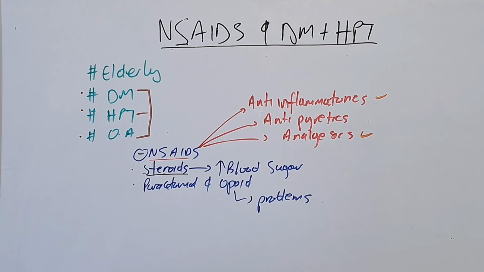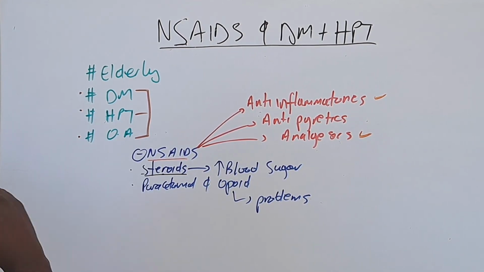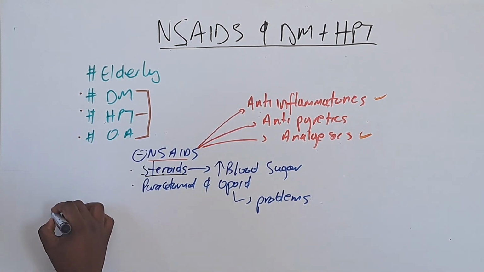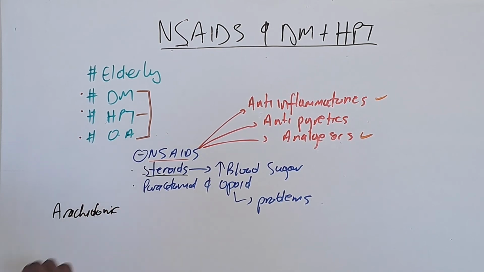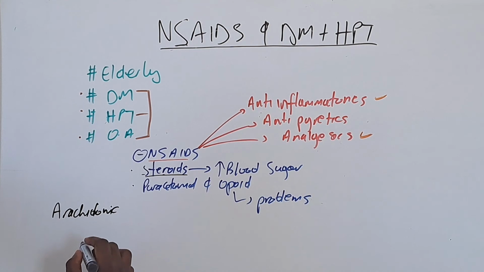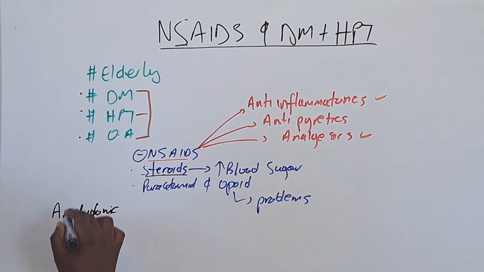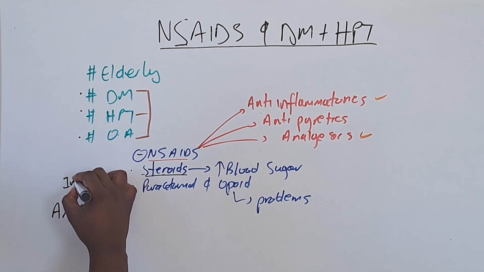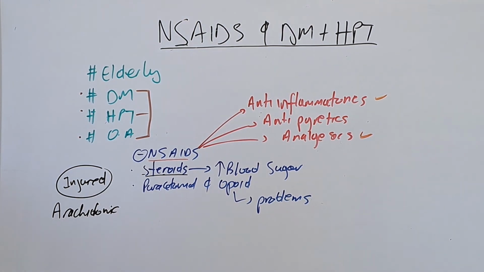Okay, let's talk about now how they actually work. In the body we've got what we call arachidonic acid, which is a lipid. This arachidonic acid, we want it when you are injured. Let's say you got burns or you hit yourself with a hammer or whatever.